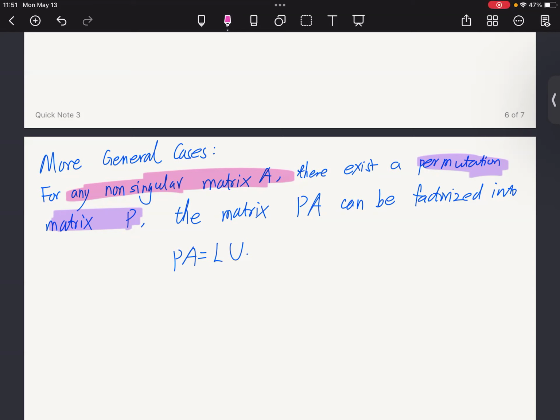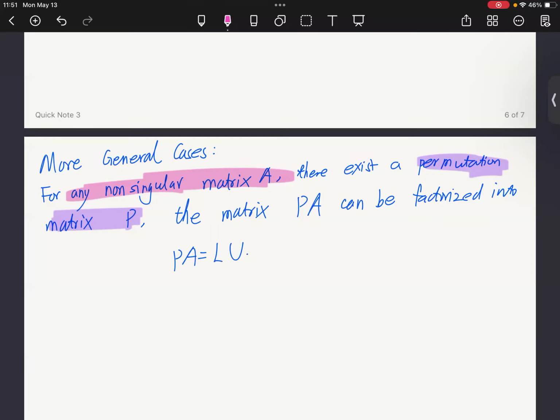This is the theorem, this most general case. We do the row exchange first with the permutation matrix, and for the resulting matrix we don't need to perform any row exchange during Gaussian elimination, so that we can have the factorization. So this is the most general case.